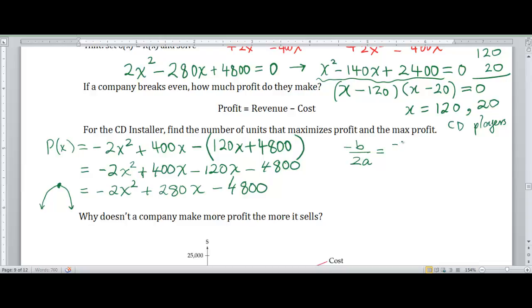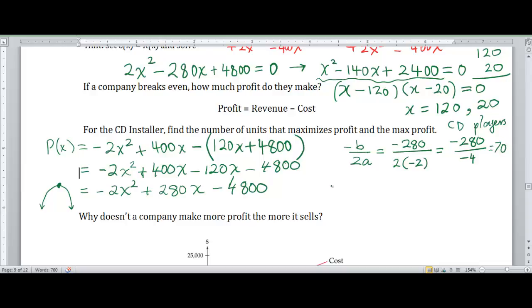That's negative 280 over 2 times negative 2, which is negative 280 over negative 4, which is 70. Okay, 7 times 4 is 28, so that is 70.